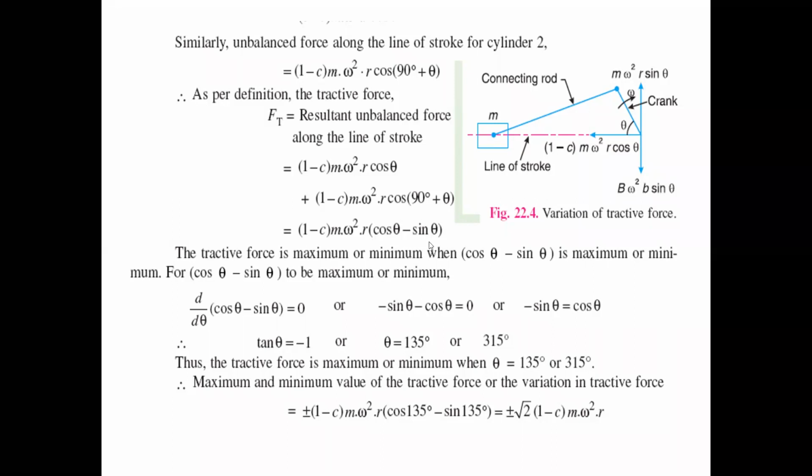From this equation, we will find the maximum variation of tractive force.